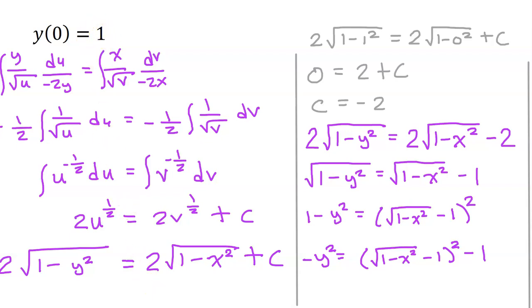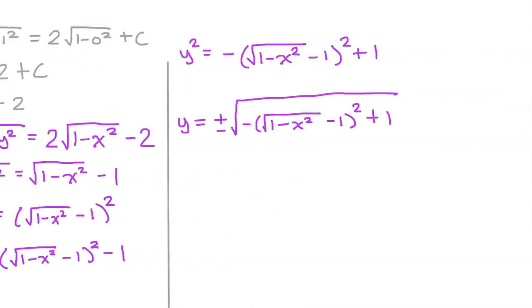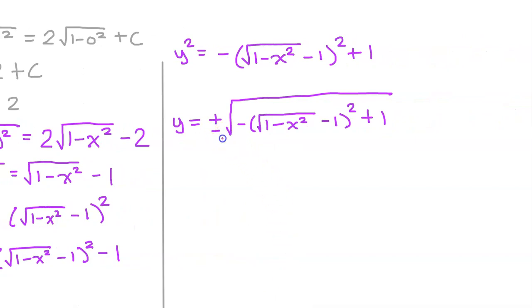a positive 1. Now, look back at the expression. This part of the expression with the square root can only be positive. You cannot take the square root of something and get a negative number. So, if I take something that is positive and then put a negative in the front of it, obviously it's going to be negative.